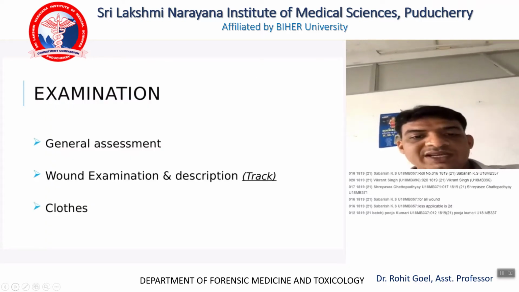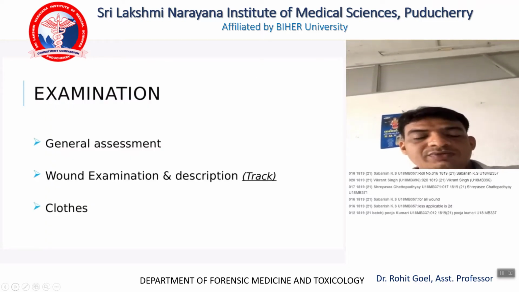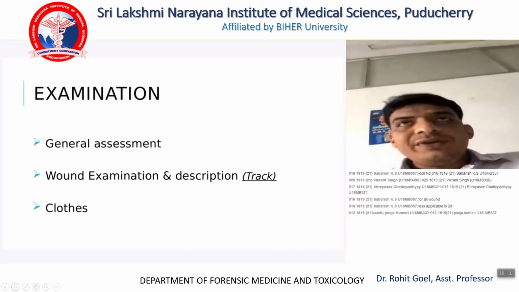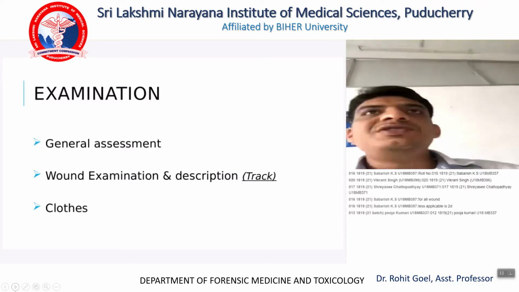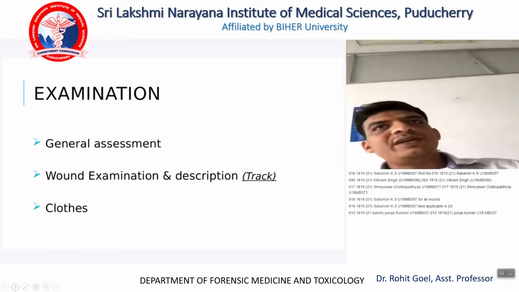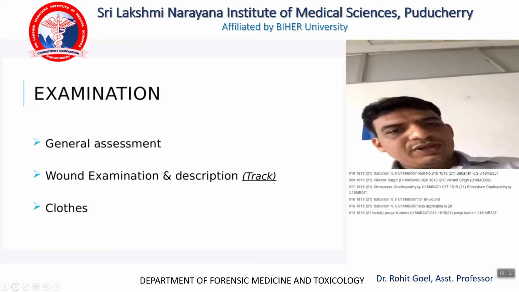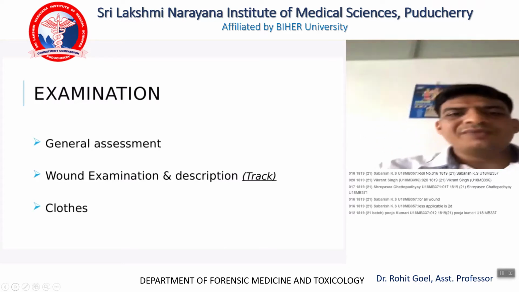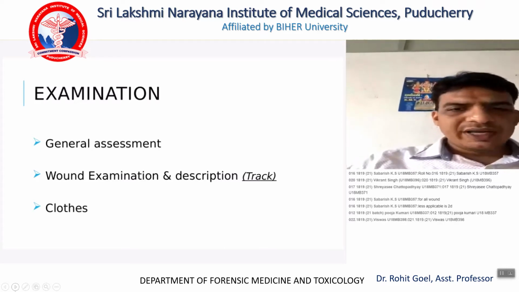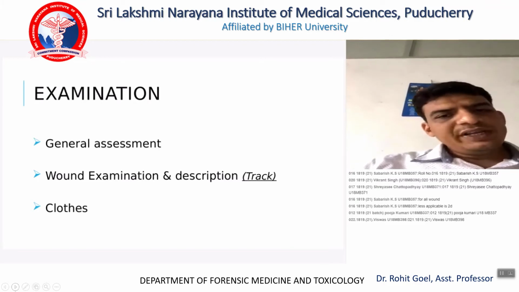Next, examination. We will go into the theoretical. When we come to the practical exercise of an injury report, then we will see what all things are to be done. You people are supposed to make an injury report based upon the cases that are given to you, and it can be in the form of a weapon that is given to you, or it can be in the form of a wet mount of an injury.